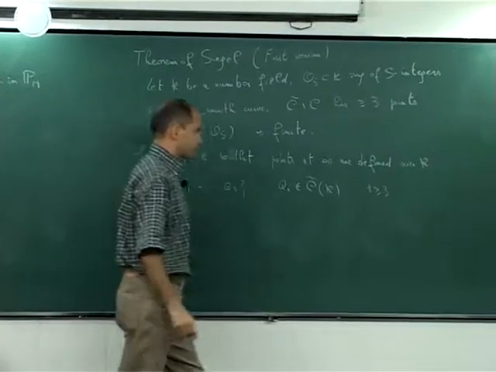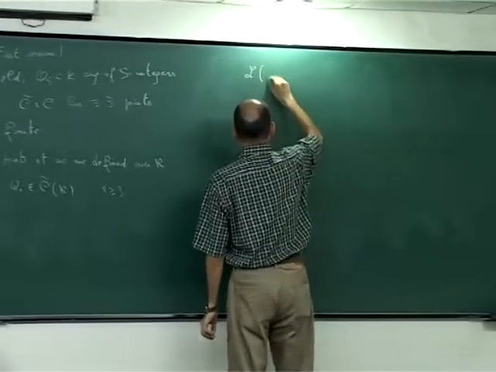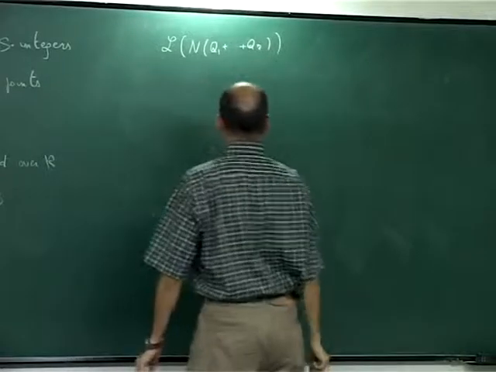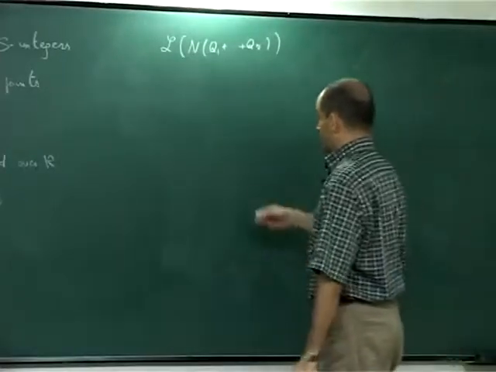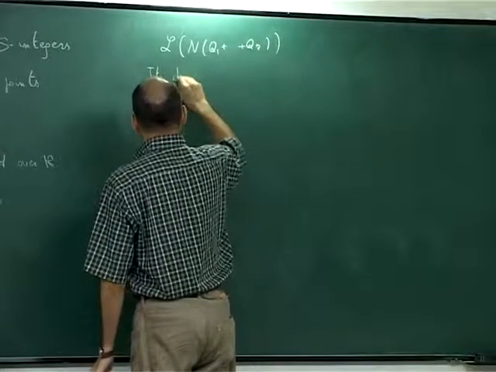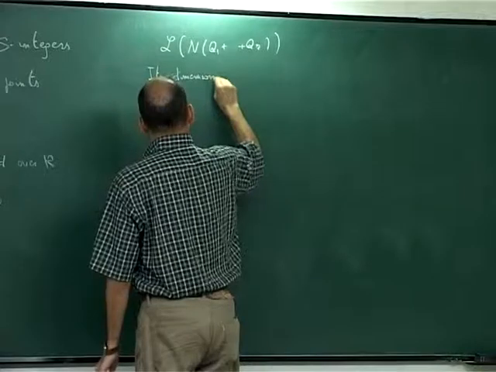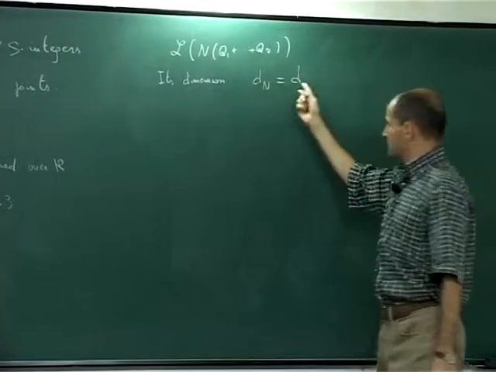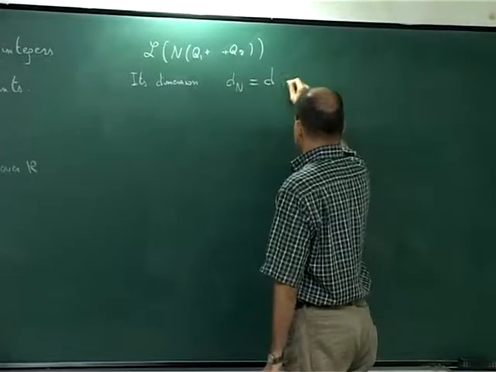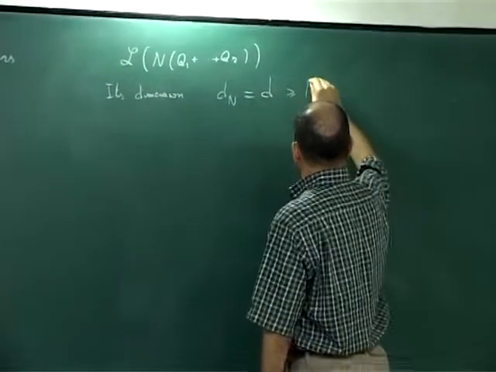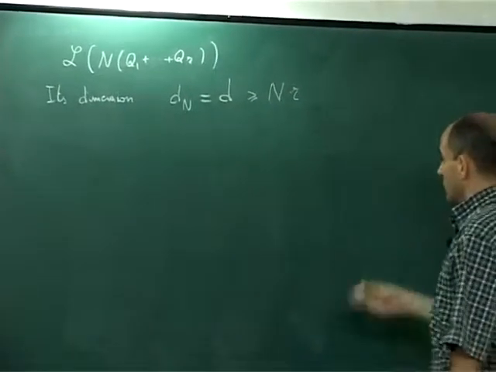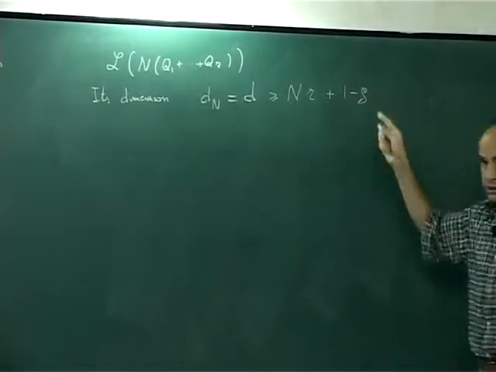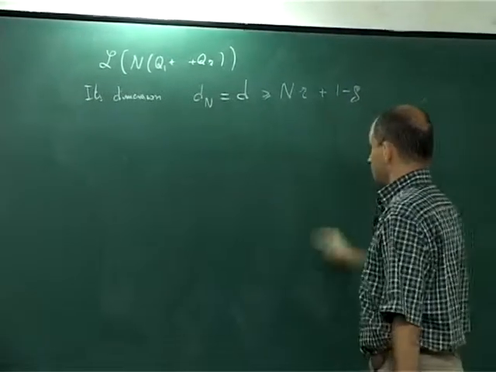So we consider the linear system L of n(Q1 plus ... plus QR), and its dimension is d_n, or sometimes I will write just d, omitting n, and it will be at least nR plus a constant, and by the way, we know the constant is 1 minus g, but anyway, we just need that there is a constant here, and we just need this for large n.